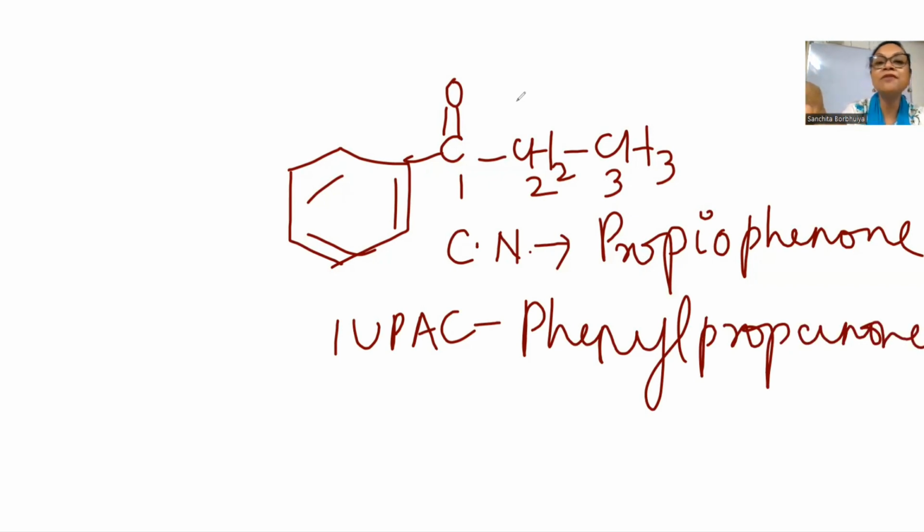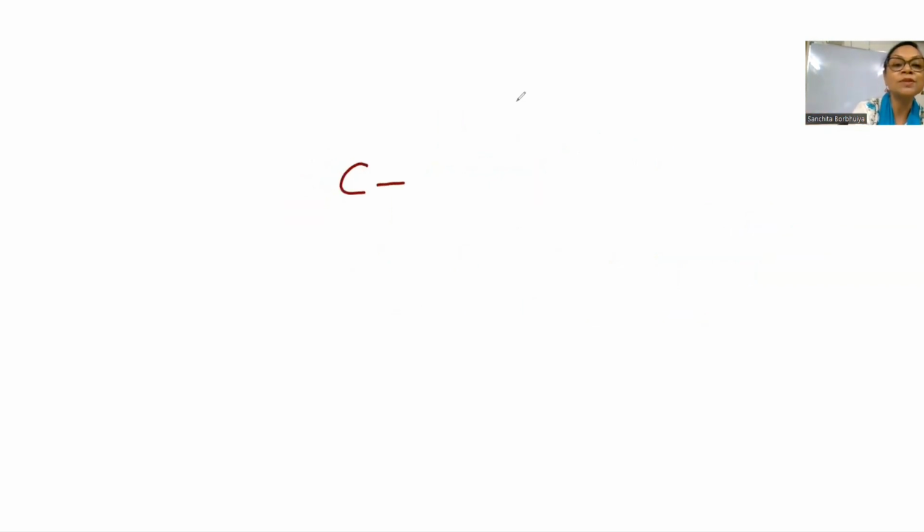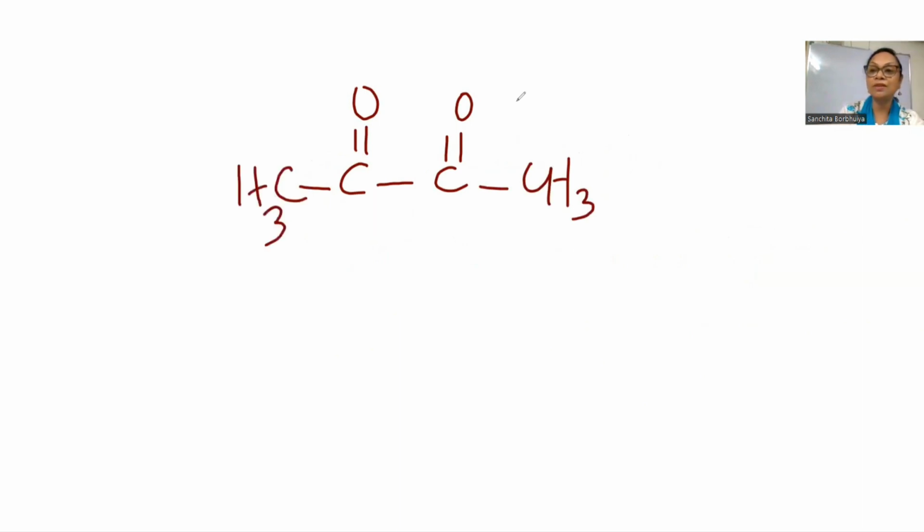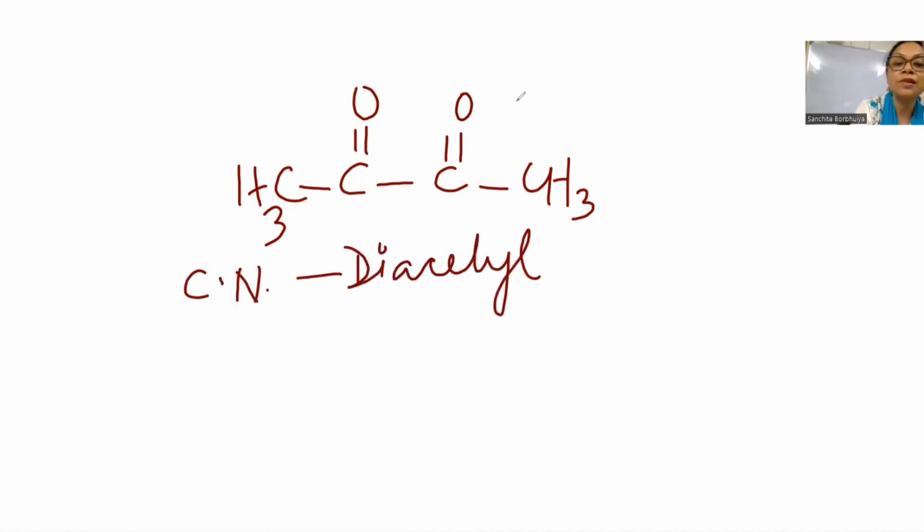Continuing the discussion a little further, let us go to diketones. And let me place the ketones near to each other. There's the simplest diketone possible. So this is having the common name diacetyl. Or, in literature, you can find a number of common names listed down.